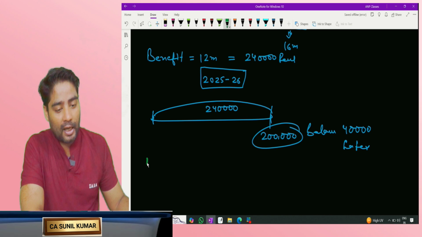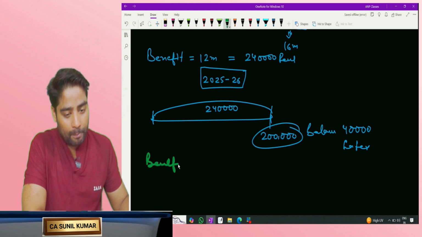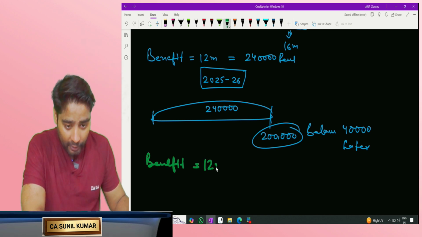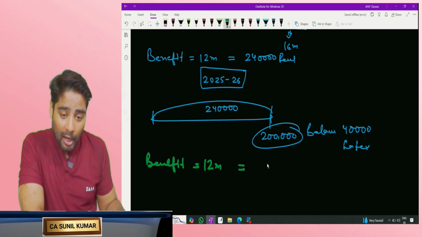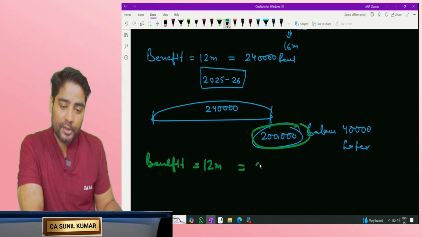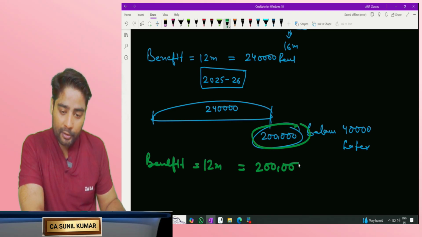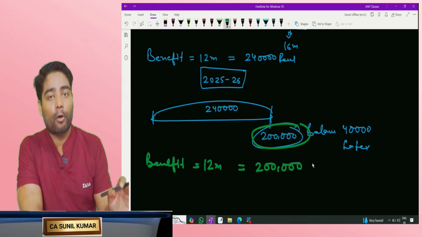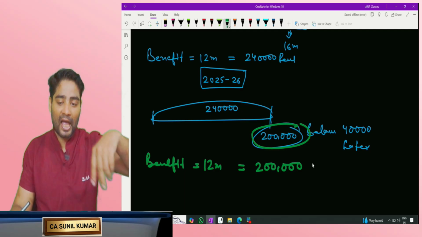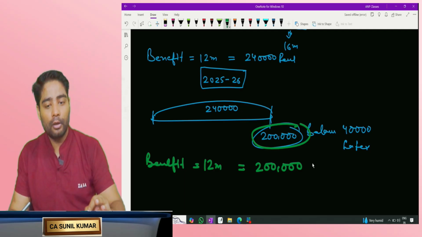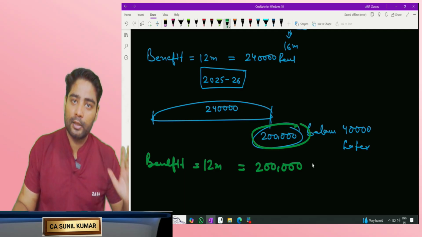How much benefit have I taken? You have taken the benefit of 12 months. But how much amount have you paid? Sir, I have paid only 2 lakh because I didn't pay the 40,000. I said on 31st March, Mr. Bhola, I will pay the balance 40,000 in the next year.